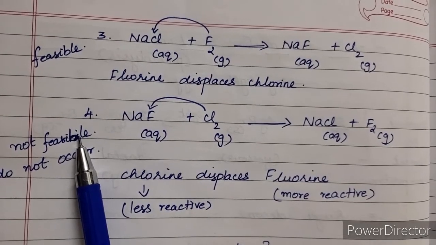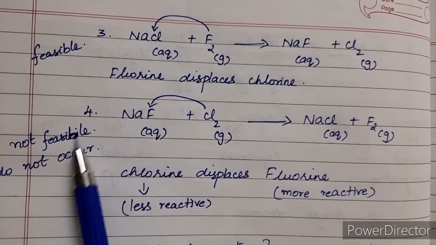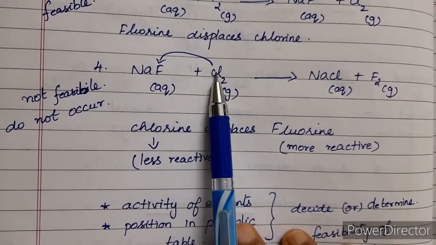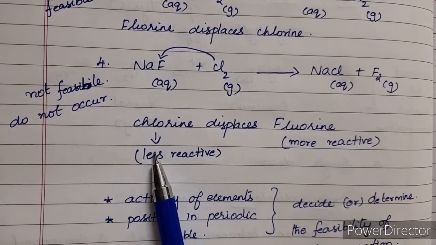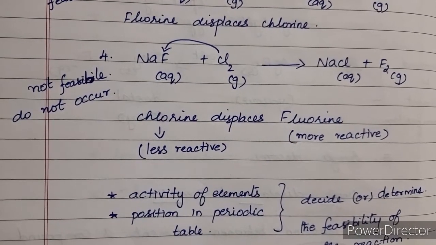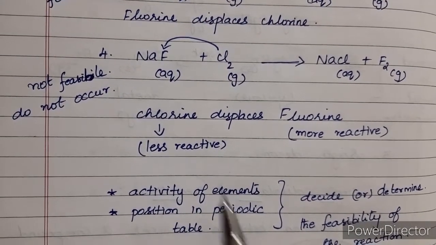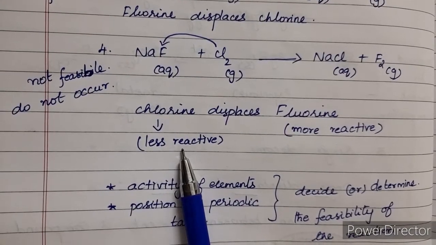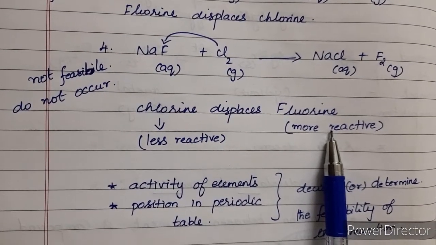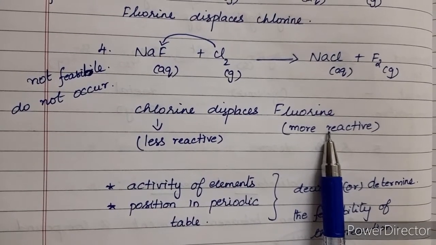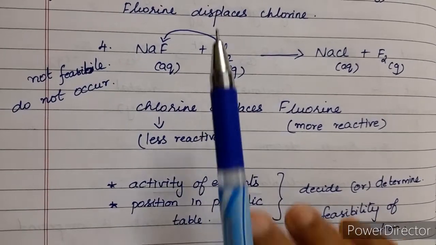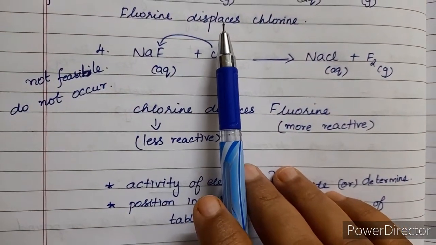Why does it not occur in practice? Because chlorine displaces fluorine in this reaction. Chlorine is less reactive and fluorine here is more reactive. So a less reactive element will not displace a more reactive element. Only a more reactive element displaces the less reactive element. Look into the first example here.